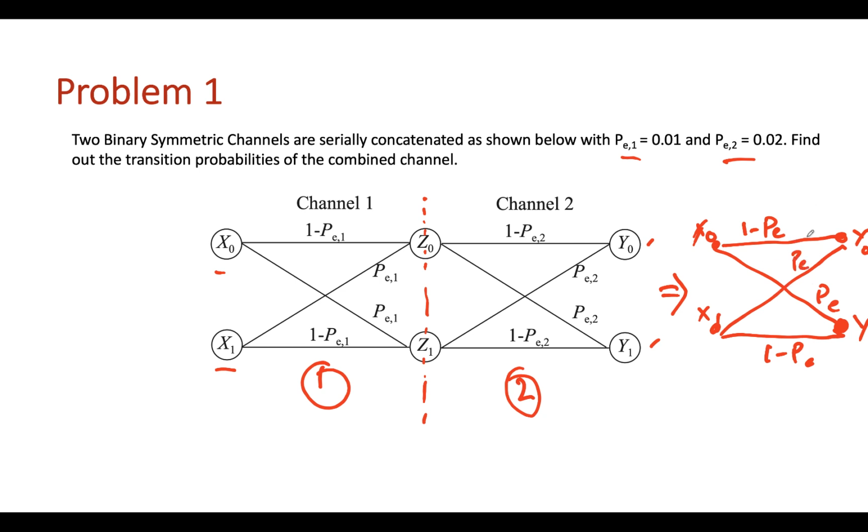These are the parameters of the combined channel, and you are asked to find this PE, which of course is a function of PE1 and PE2, the individual channel transition probabilities for channel 1 and channel 2.